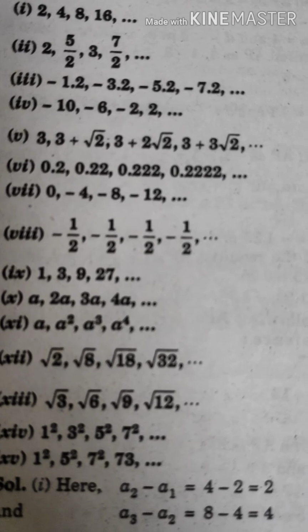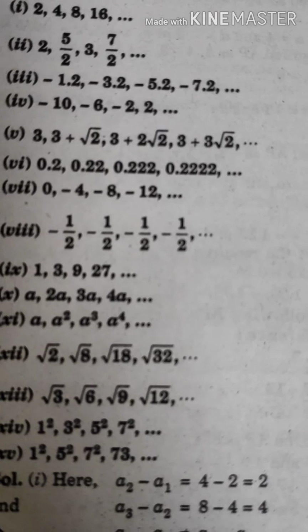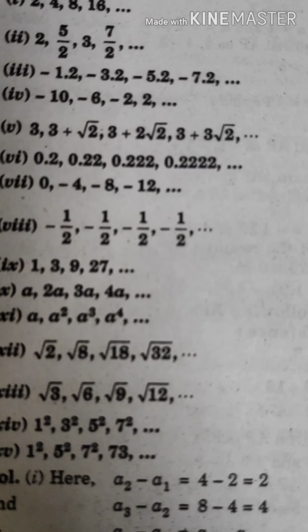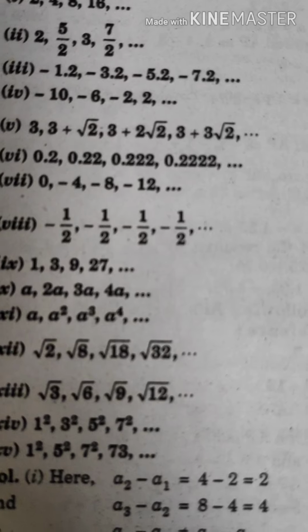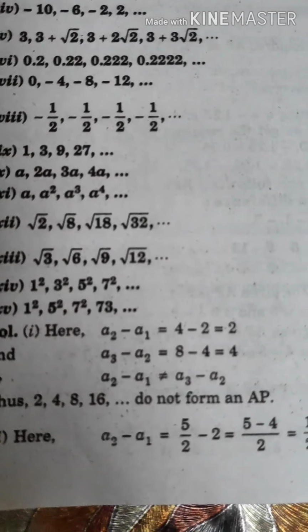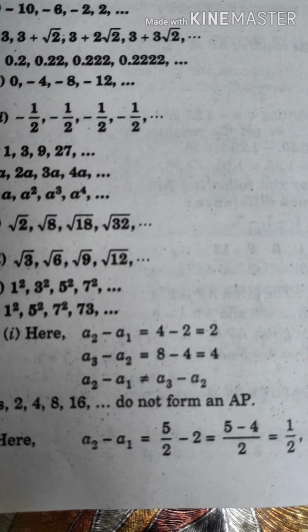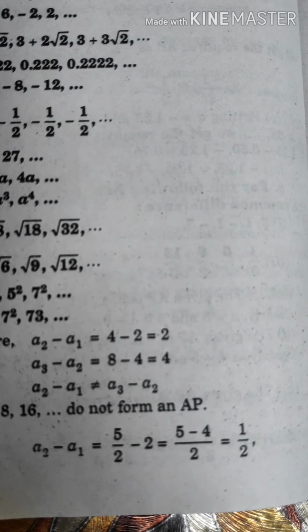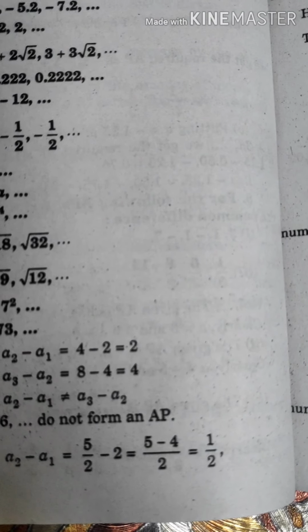2, 5 by 2, 3, 7 by 2. A1 is 2, A2 is 5 by 2, A3 is 3, A4 is 7 by 2. Let us see A2 minus A1, 5 by 2 minus 2. Take the LCM. 2 2s are 4, so 5 minus 4 upon 2, that is 1 over 2.